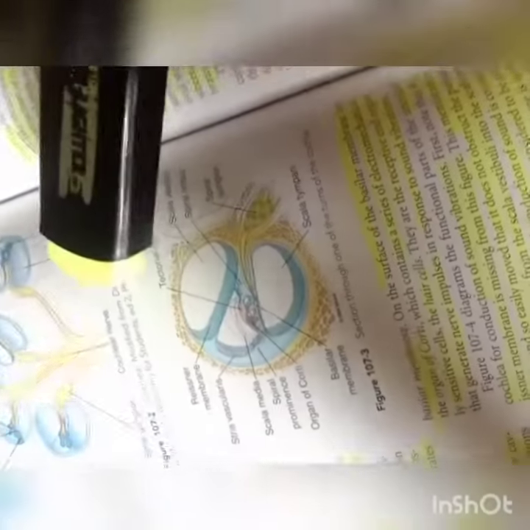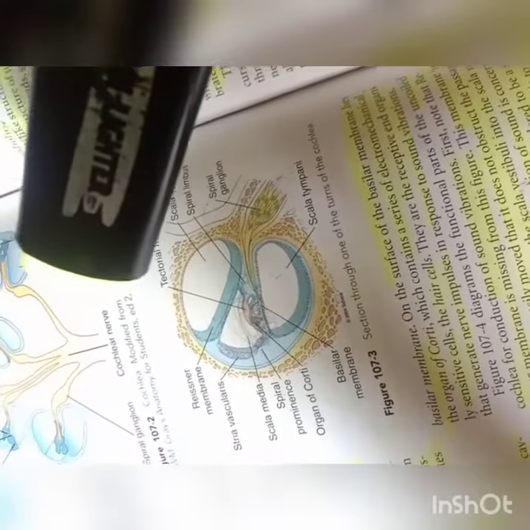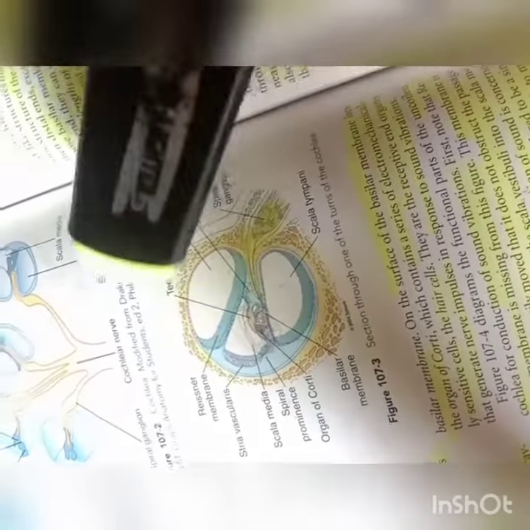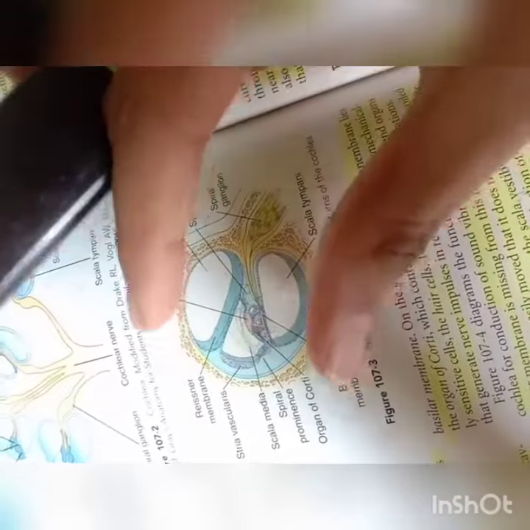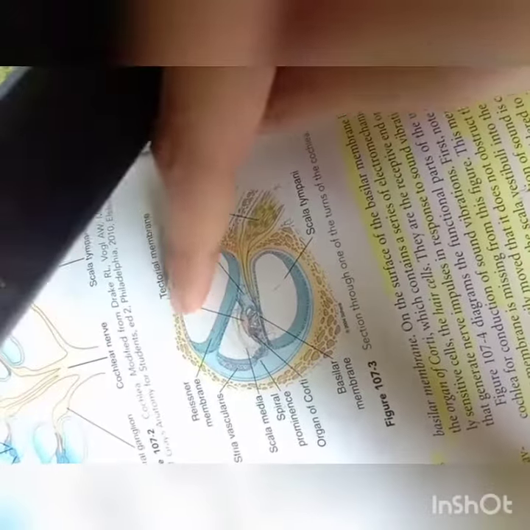So what is this endocochlear potential actually? We know here there is scala vestibuli, scala tympani, and scala media. The scala media is filled with endolymph, and the scala vestibuli and tympani are connected to each other. They contain perilymph, which is almost equal to CSF, because it passes from scala vestibuli to scala tympani like in the subarachnoid space.